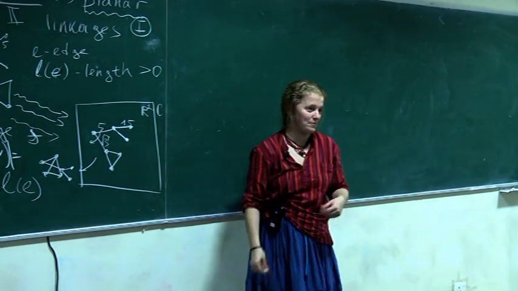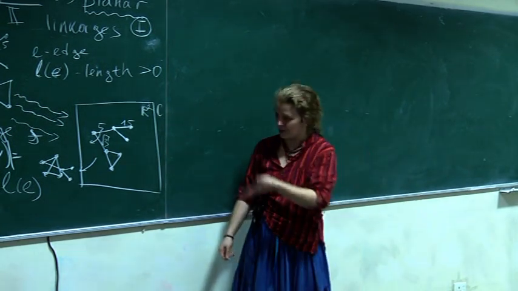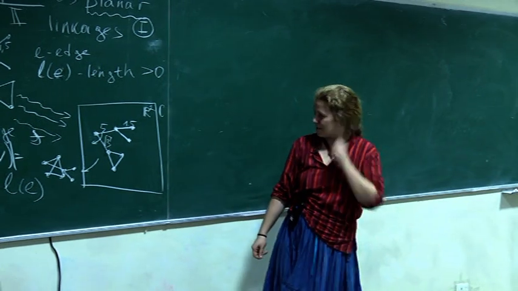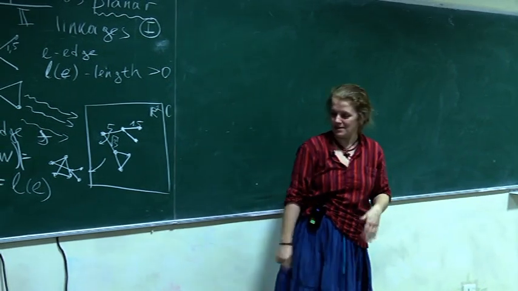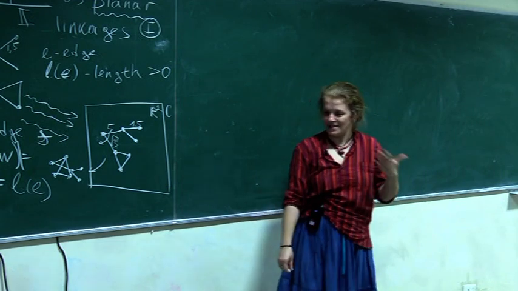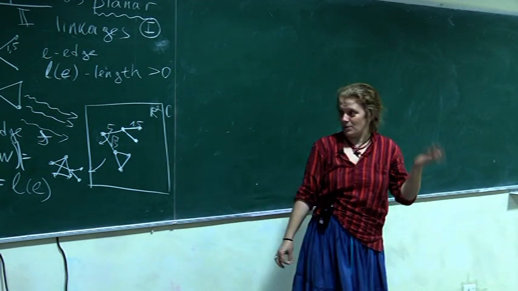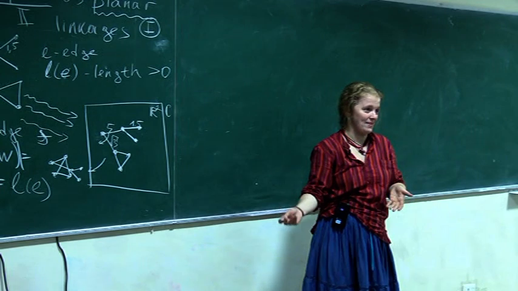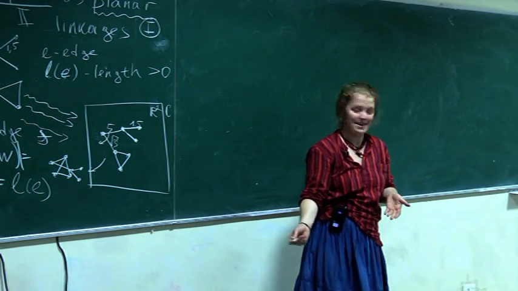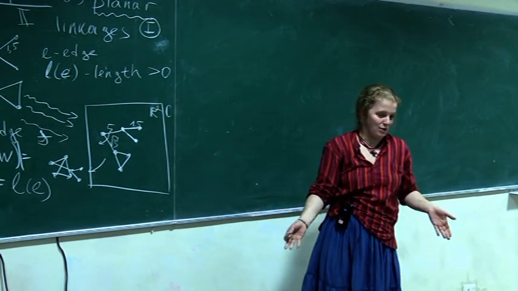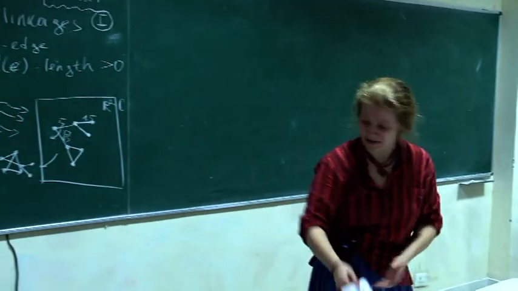We can consider configurations of a linkage in any metric space that we like, Euclidean, non-Euclidean, on a sphere, anywhere. But the plane is the simplest and most natural example, so today we will consider linkages on a plane.